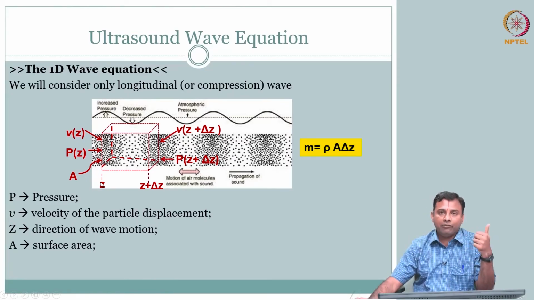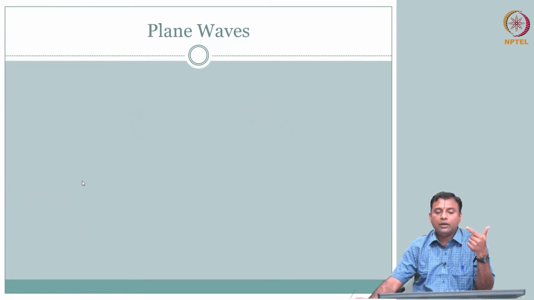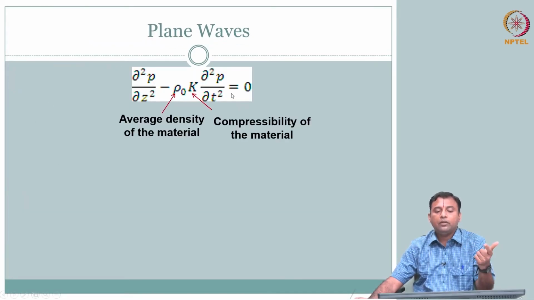We are not going to derive it, but if you use the first principles of conservation of mass and conservation of momentum, you will be able to get to this equation. So, x and y are gone. This is one dimensional, the wave is travelling in the z direction. So, this is dou square p by dou z square.